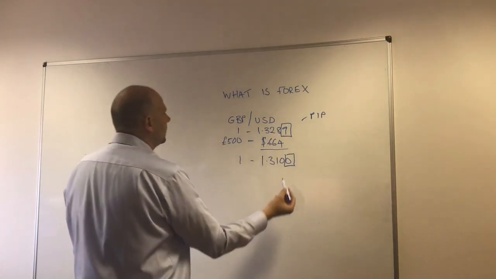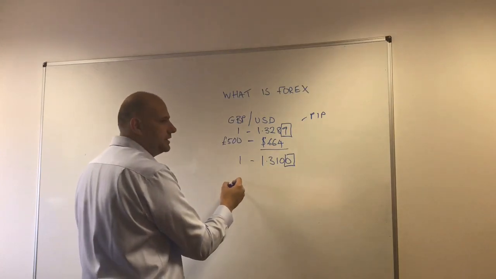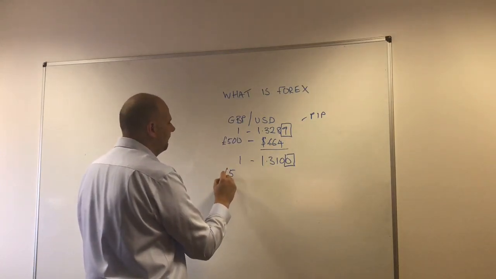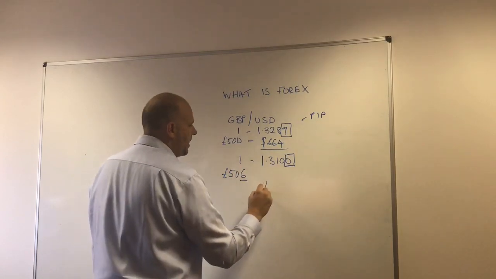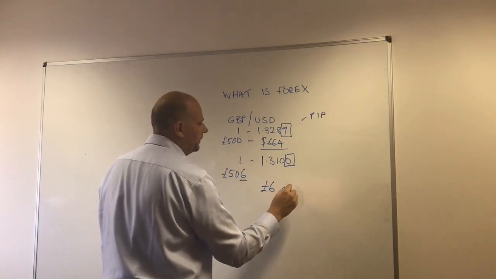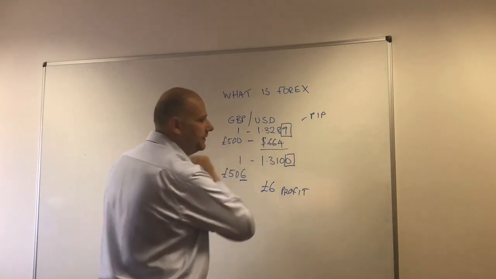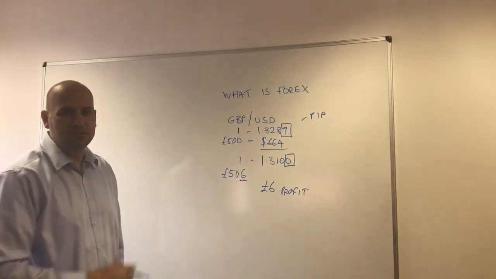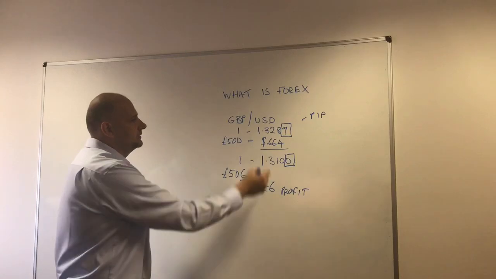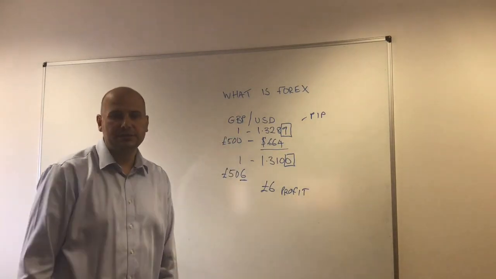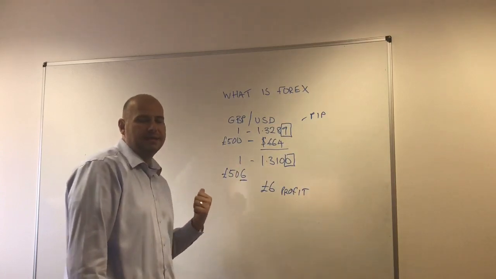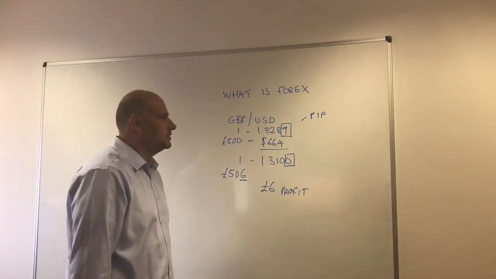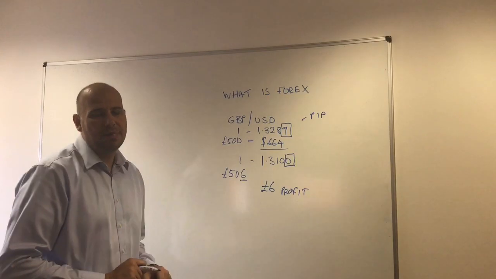So when you change that back into pounds, you would get £506. So you'd have made £6 profit by not spending any of those dollars while you're away. Time's elapsed, the exchange rate has changed, in this case in your favour, because you want to transfer it back into pounds, and you've made £6. And that's what the Forex market is.